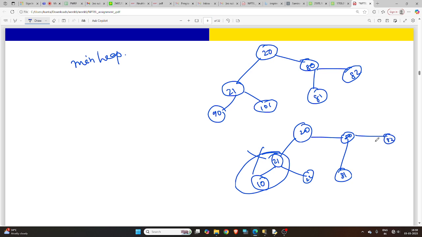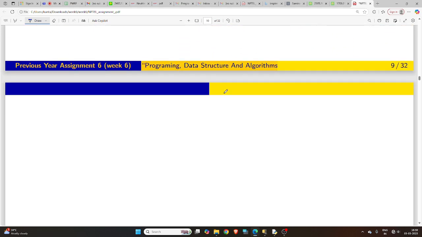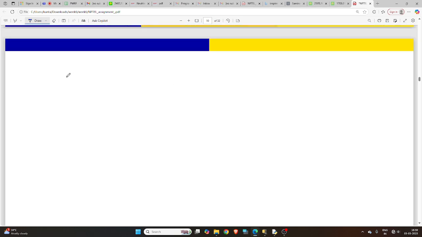So this is the structure for the min heap, but obviously we always have to go from top to bottom and left to right. So these are the characteristics of a heap. For this heap case, there are two things: one is insert and another one is delete.